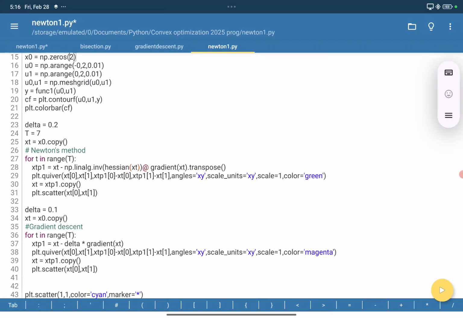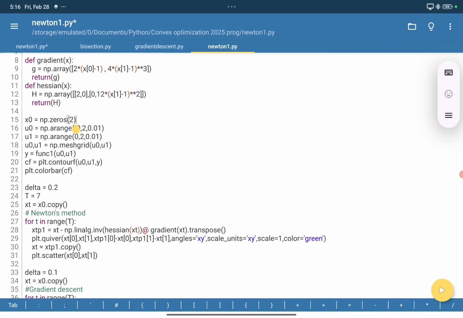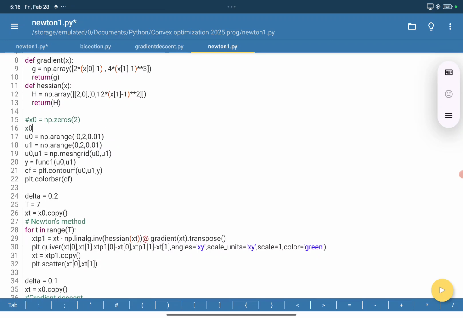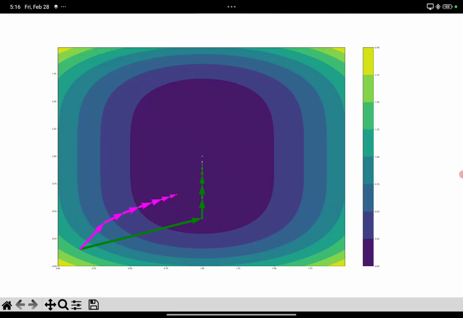Even if I start from a random initial point, in the first step it takes a really long jump, and after that point it moves vertically.